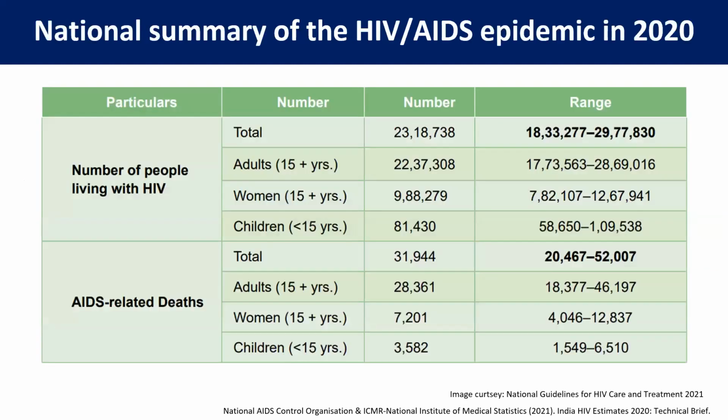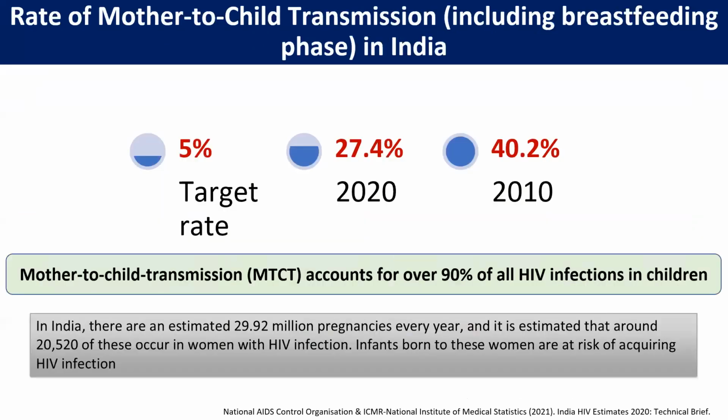So this is again summarizing the same data. HIV-related deaths among children: around 3,500 children every year are dying because of HIV infection in our country. Now, what is the target and what have we achieved?